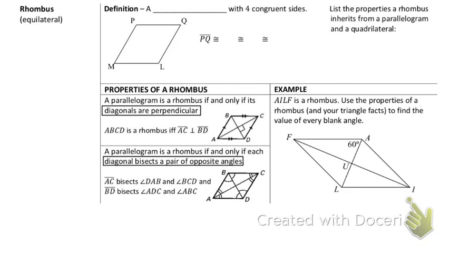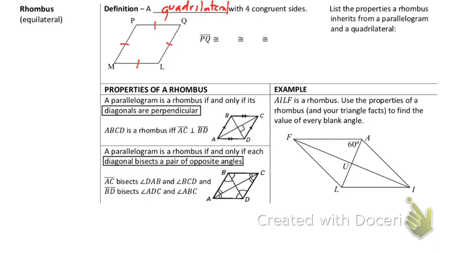So now let's talk about a rhombus, and we're going to add two new properties. A rhombus is a quadrilateral with four congruent sides. What that means is PM, QP, QL, LM, these guys all have the same measure.